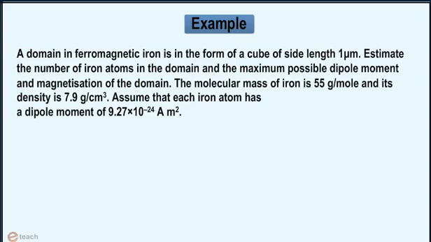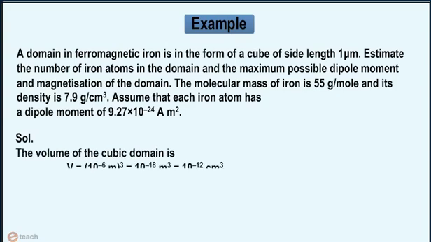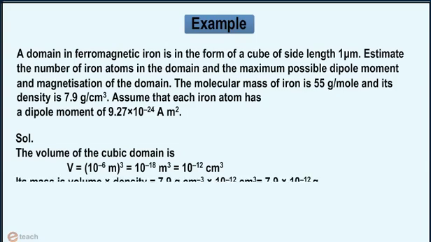Solution: the volume of the cubic domain is V = (10^-6 m)^3 = 10^-18 m^3, that is 10^-12 cm^3. Its mass is volume times density, that is 7.9 × 10^-12 gram.